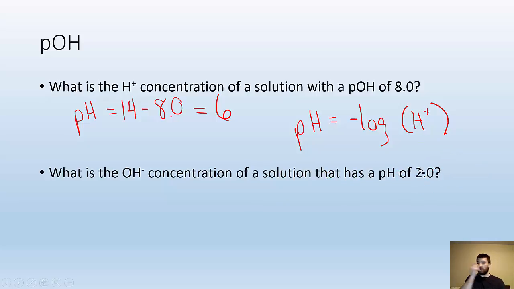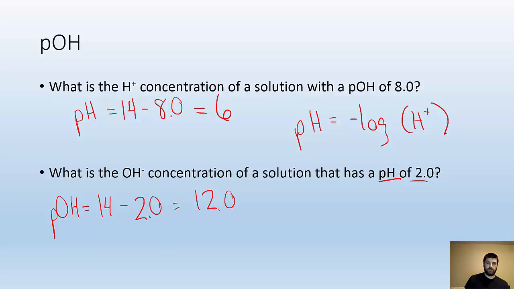All right, so next question. What is the OH minus concentration of a solution that has a pH of 2.0? I'm going to do the same thing. I know the pOH is going to equal 14 minus the pH, which is 2.0. And that's going to give me 12.0. Now I know the pOH is also equal to the negative log of the OH minus concentration.